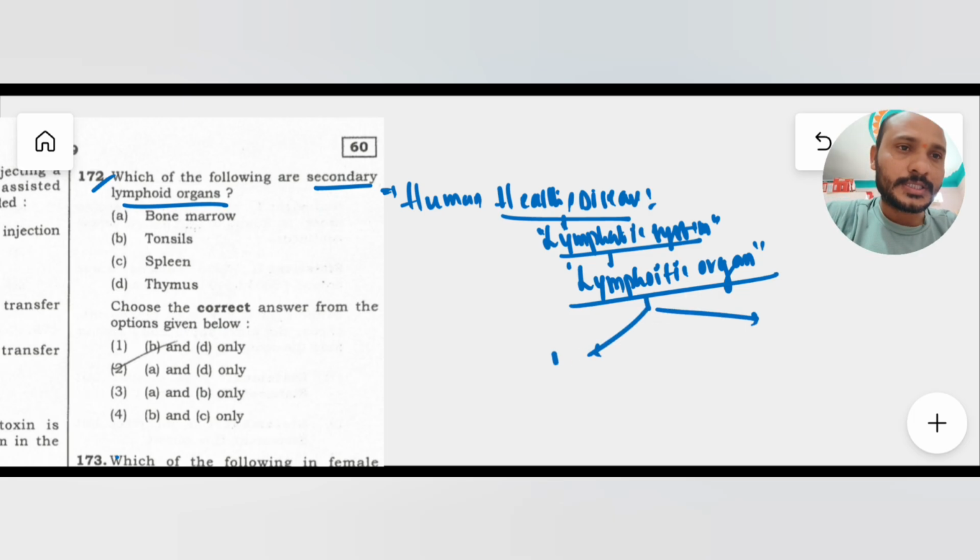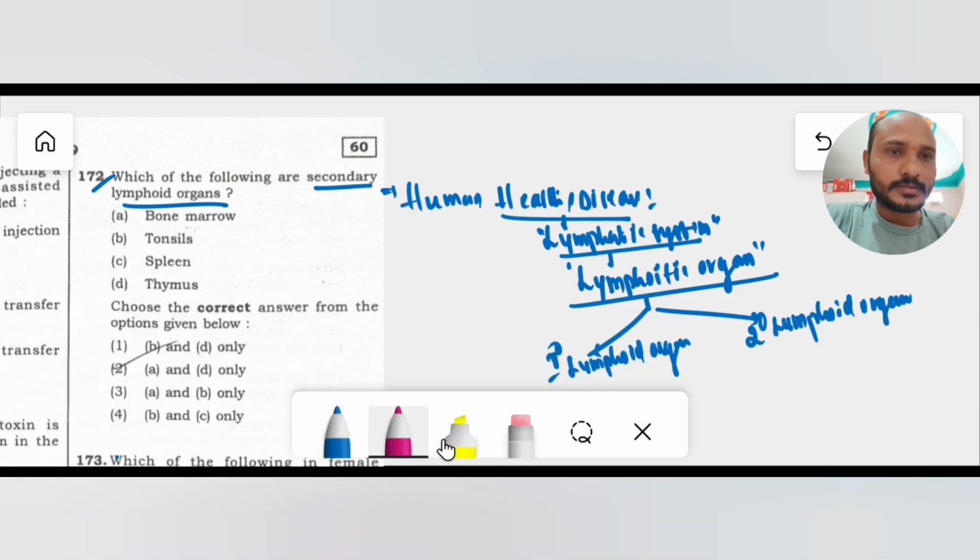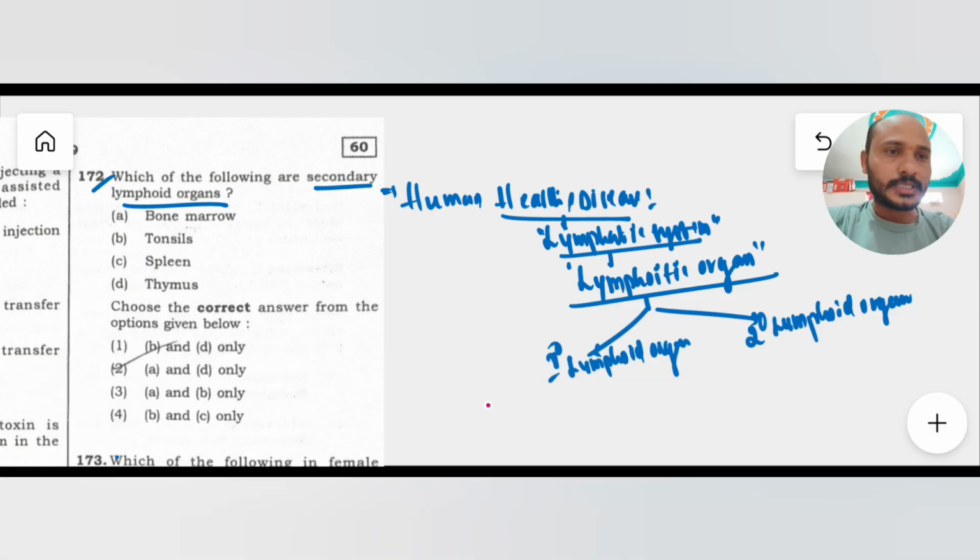The first one is the primary lymphoid organ, and the second one is the secondary lymphoid organ. We will discuss what exactly the differences between primary and secondary lymphoid organs are.